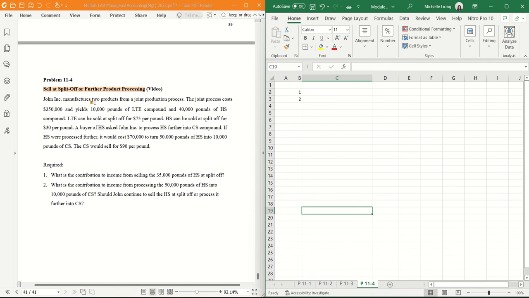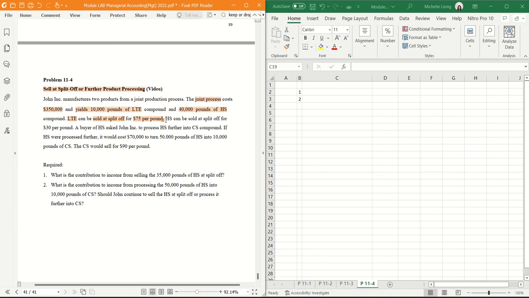The joint process costs $350,000 and yields 10,000 pounds of LTE compound and 40,000 pounds of HS compound. And LTE can be sold at split off for $75 per pound.